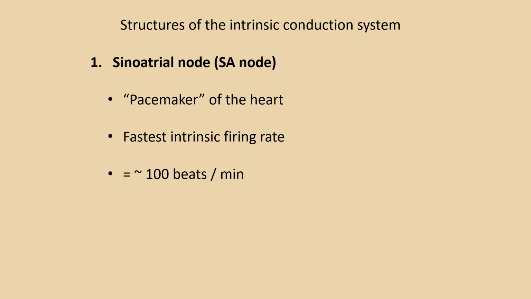Of all those structures in the intrinsic conduction system, it's the SA node that has the highest intrinsic rate of firing, meaning it has the highest intrinsic rate of depolarization, repolarization, depolarization, repolarization, the fastest rhythm. And typically that's about 100 beats per minute.